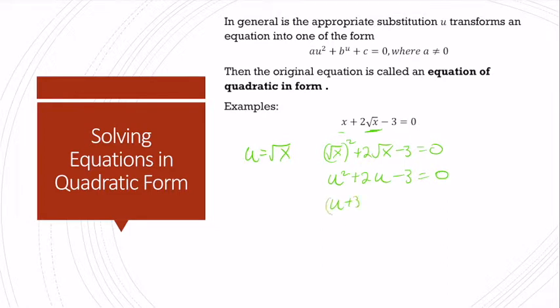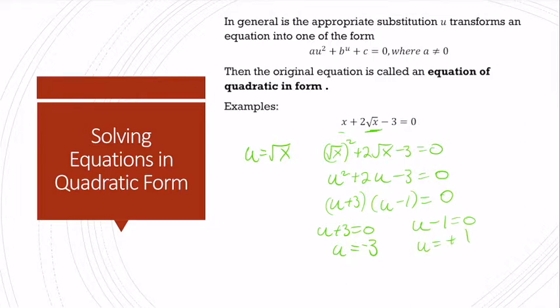Factors of negative 3 that add up to 2 are 3 and negative 1. I have u plus 3 equals 0, u minus 1 equals 0. That gives me u equals negative 3, and u equals positive 1.